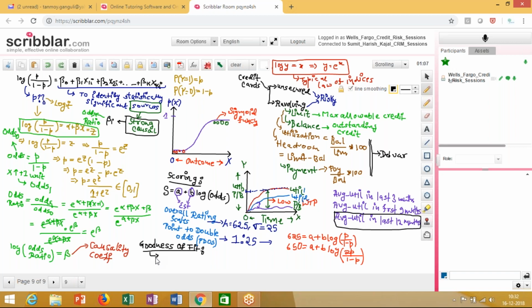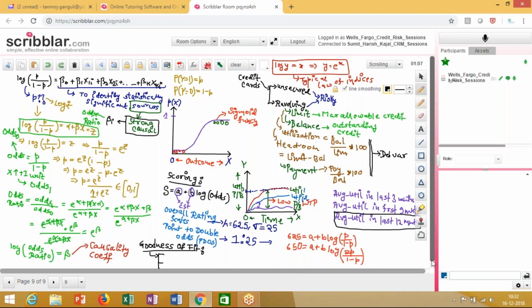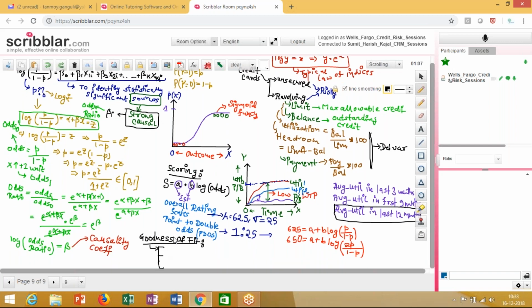We need to assess the developed model. And how do you assess a developed scorecard model? We assess it in terms of three features, and for each of these features, there are multiple characteristics.